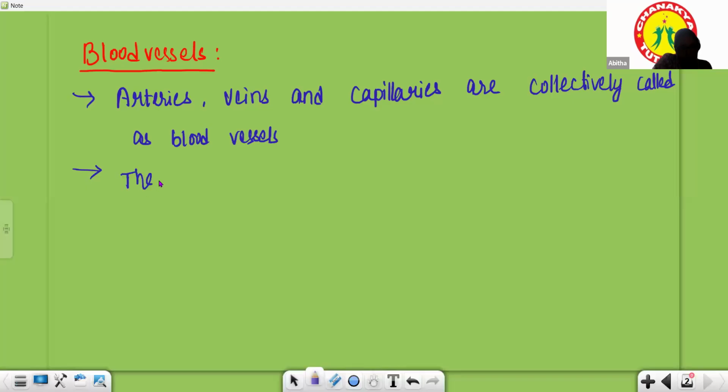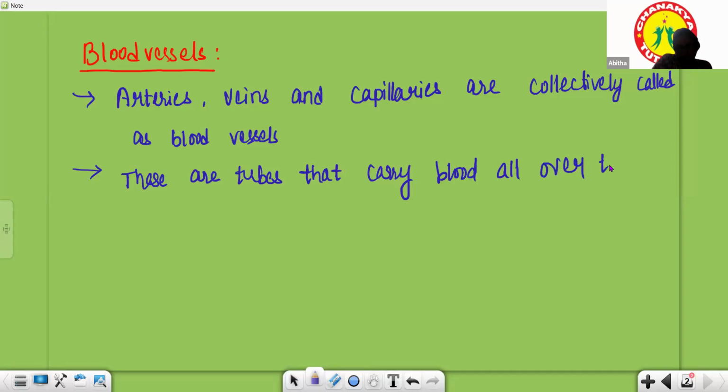So these are tubes that carry blood all over the body. Clear so far? So what are blood vessels?